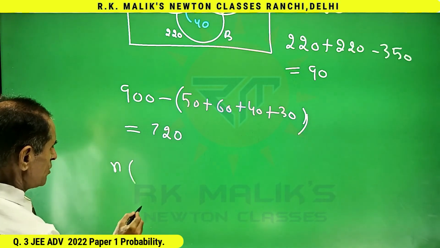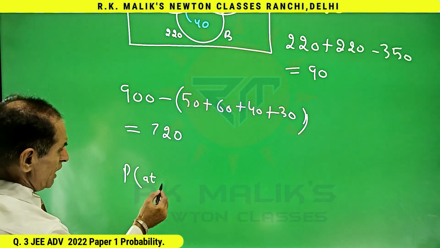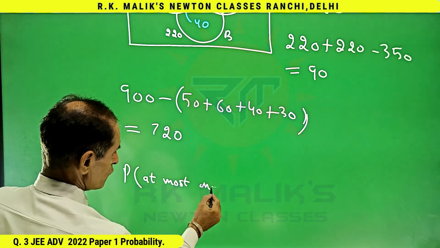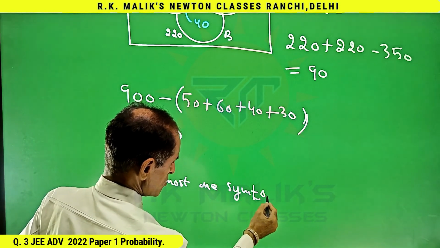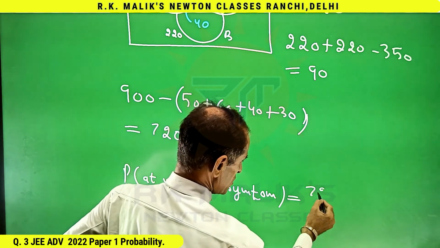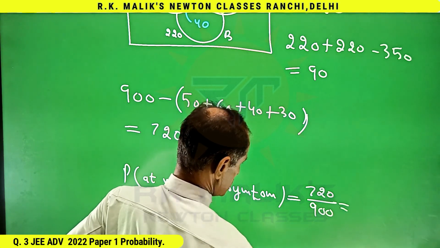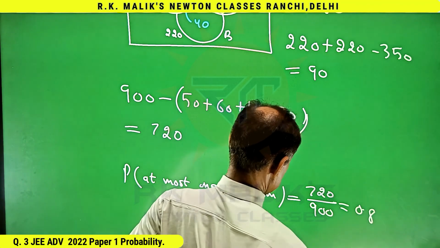Hence I can say probability of at most one symptom will be 720 upon 900, that is clearly 0.8.